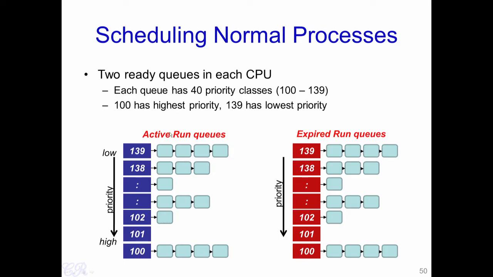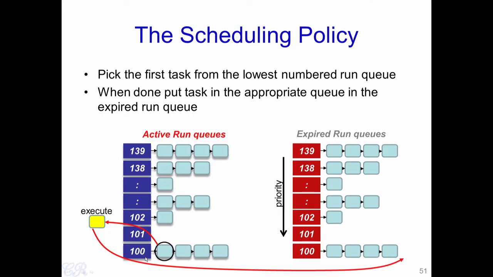Now, based on this priority class, the scheduler maintains two such queues. One is known as the active run queues and the other one is known as the expired run queues. When a context switch occurs, the scheduler would scan the active run queues starting from the 100th run queue and going up to 139. It picks the run queue which has a non-empty queue present in it.